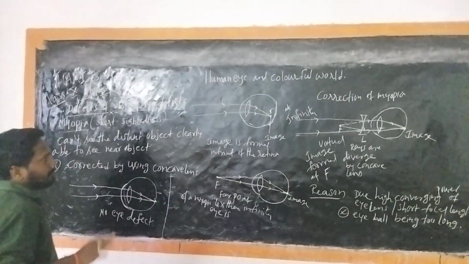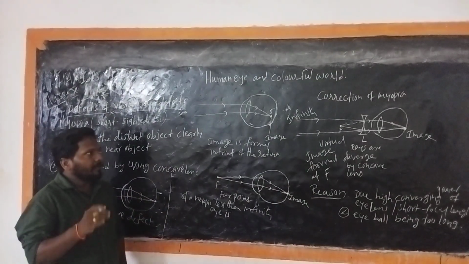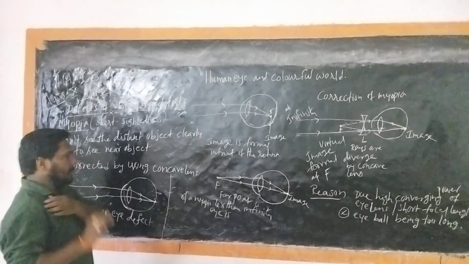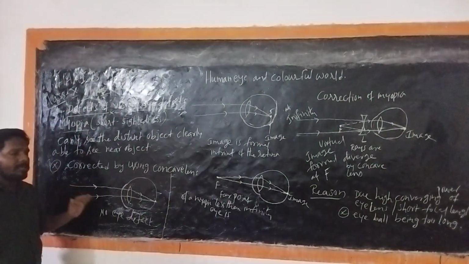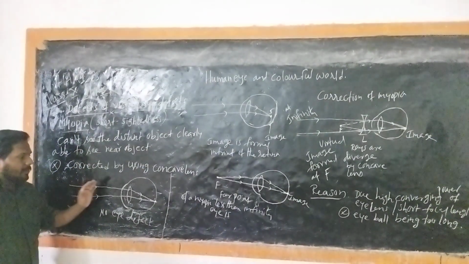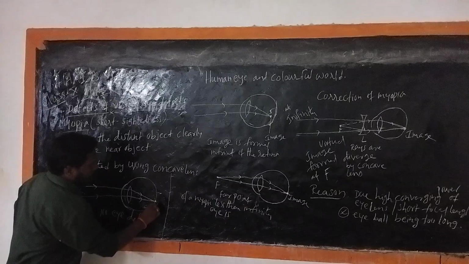So the image of the object forms in front of the retina. Generally, if a person does not suffer with myopia, the image of an object is formed on the retina.